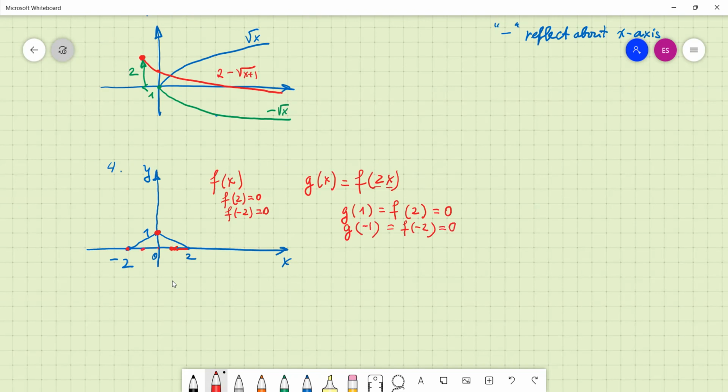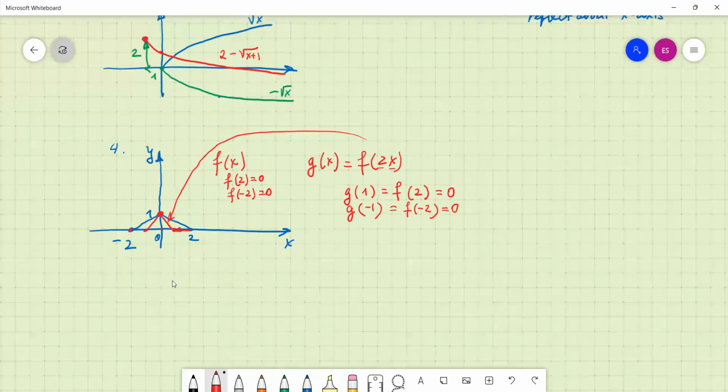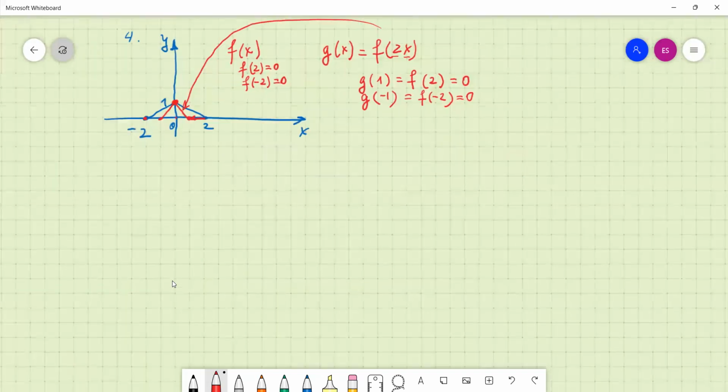So that's going to give me the point here, and my red graph is going to look like this. Again, hard to draw straight lines without touching the screen. Okay, that's my new function. Well, in red, I'm going to maybe label it over here. And my last question was asking even or odd.